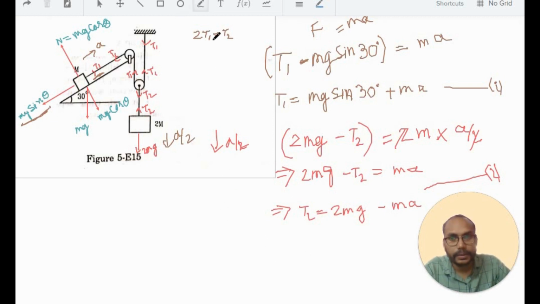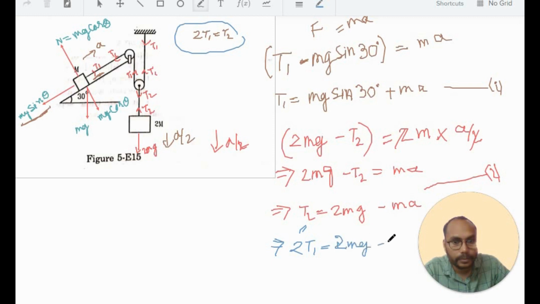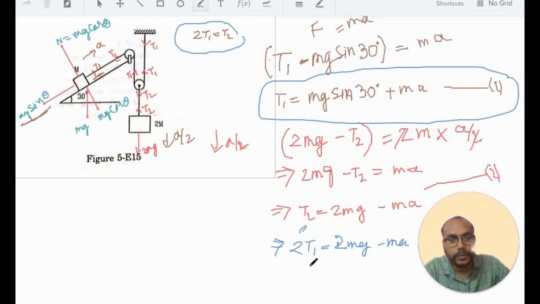Now we are putting the value of T2 from this equation. So it will be 2T1 equal to 2mg minus ma. Now if we put the value of T1 from equation 1 into this equation, then we can find the value of a.